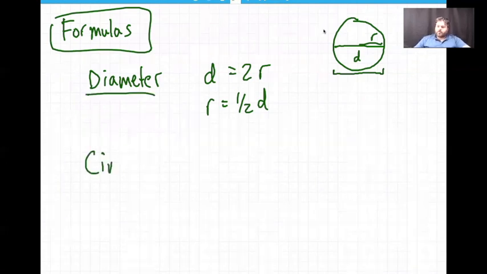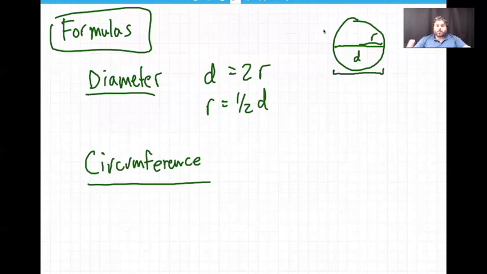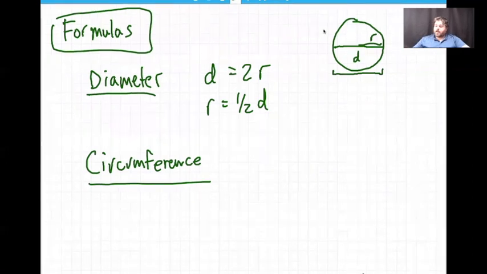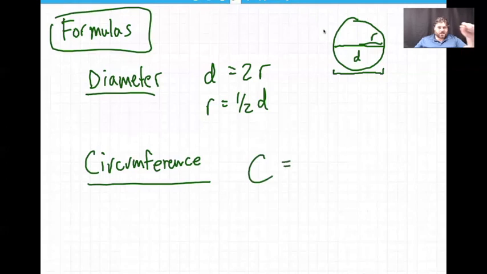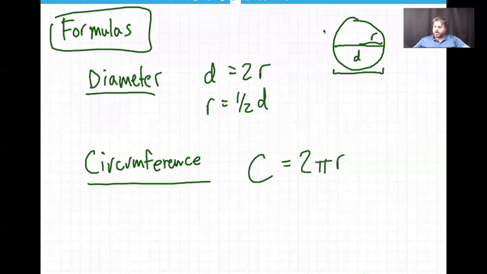The next one is circumference. Circumference is basically the distance around the outside. It's the perimeter of the circle, if you will. It gets a special name just because circles are special. And the formula is that the circumference of the circle, the distance around the outside, is 2 times pi times the radius.